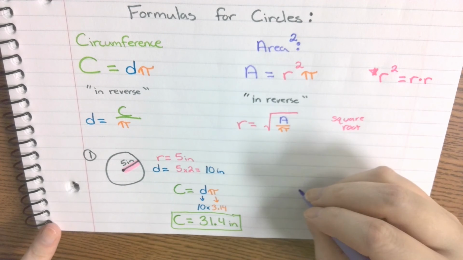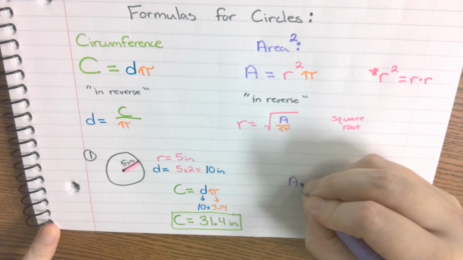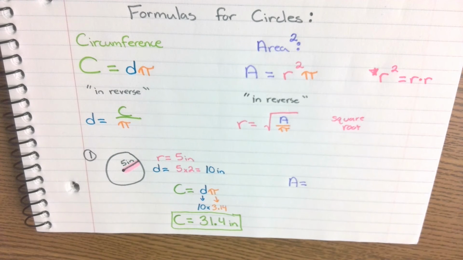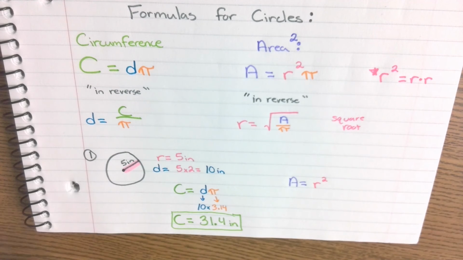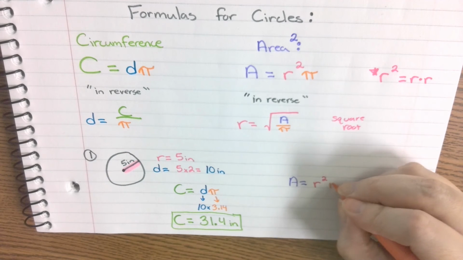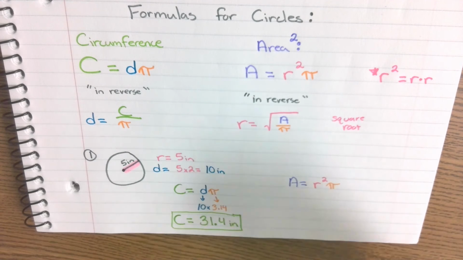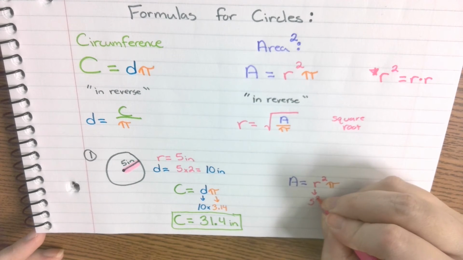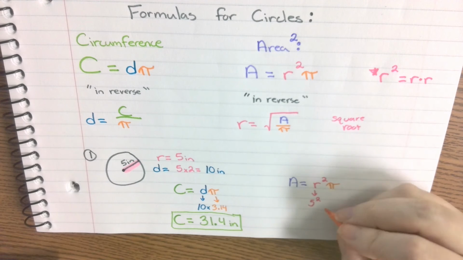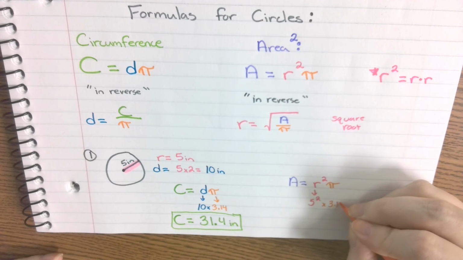So now let's talk about area. So again, the area formula is the radius squared times pi. So we're going to substitute r, the radius, with a 5. So we're going to put 5 squared times 3.14.